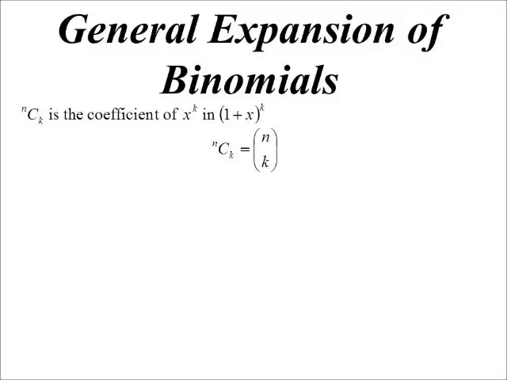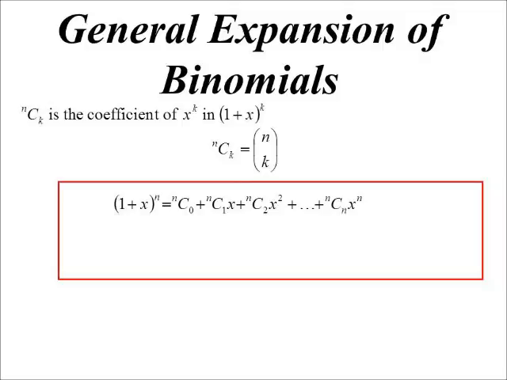But you could use it in either, and you'll probably see both in either. So 1 plus x to the power of n then, if I was to do the full expansion, would be nC0 plus nC1 x plus nC2 x squared plus so on and so on, up to nCn x to the n would be the last term.